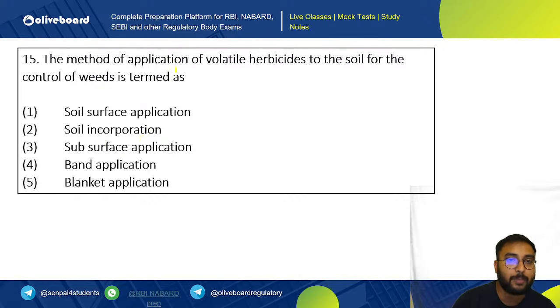The method of application of volatile herbicides to the soil for control of weeds is termed as what? Soil surface application, soil incorporation, subsurface application, band application, and blanket application.